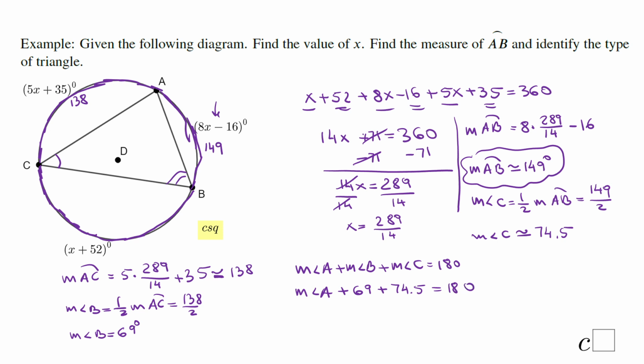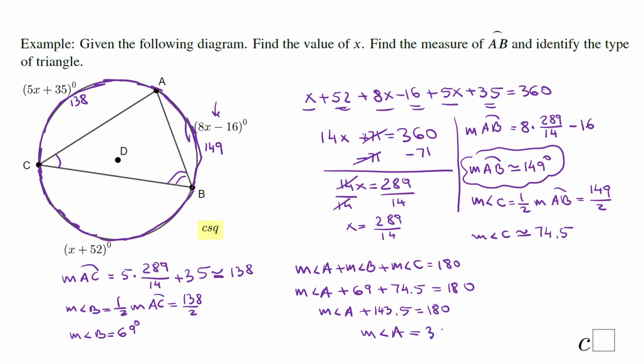Okay, so let's add this 69 and 74.5. That will be 143.5. And the last step, subtract that 143.5, and that will give us the angle A, and that will be 36.5.